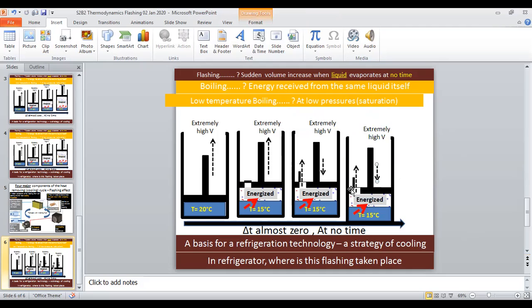The piston will come here, and the gas all escapes.